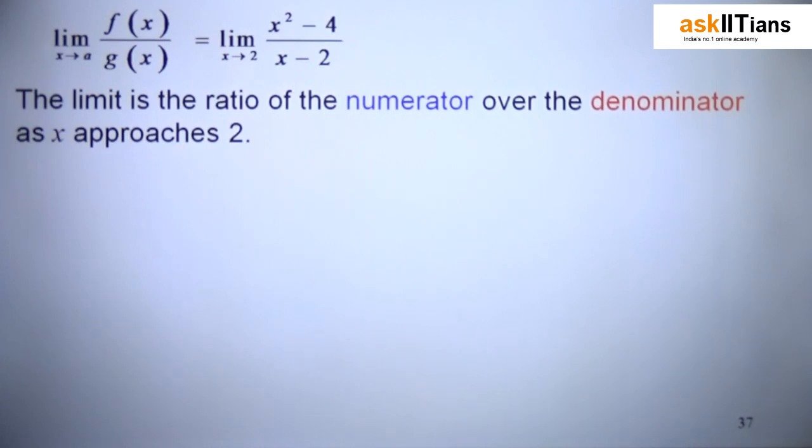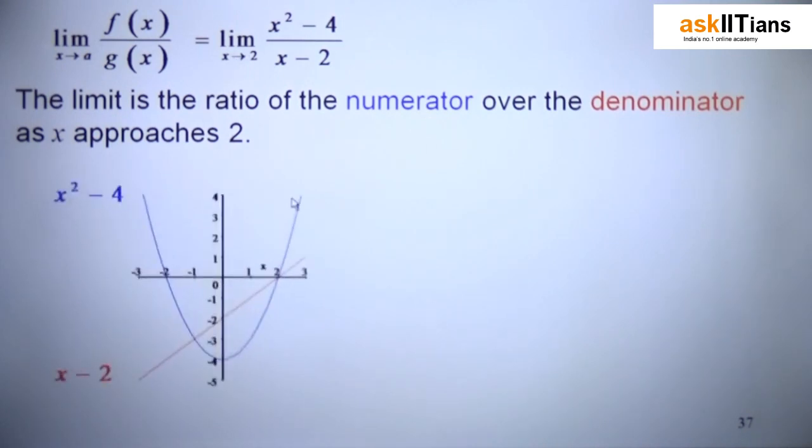But suppose we have a general function f(x) and g(x), and we have to find the limit as x tends to a. In exact terms, the limit is the ratio of the numerator over the denominator as x approaches 2 in this case. Suppose I have a curve of x square minus 4 and a straight line representing x minus 2.